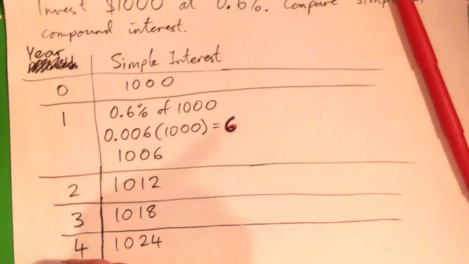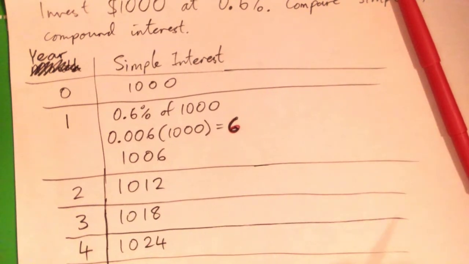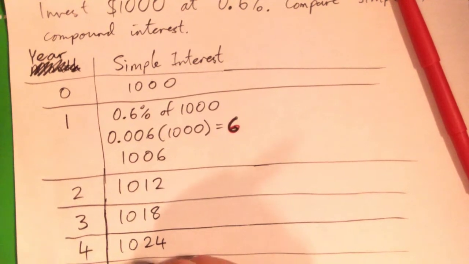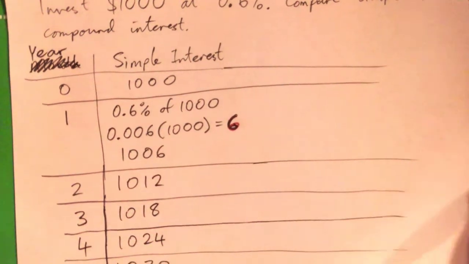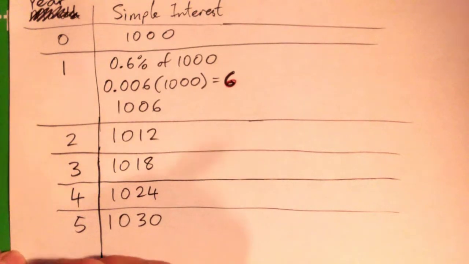After 5 years, what do you have? Take your time. $1,030. Wasn't it? Okay. So what's the pattern here, and what do we have after 20 years, right?